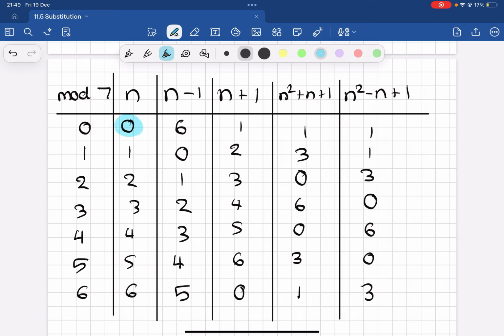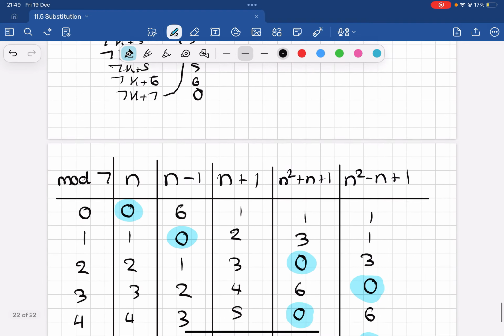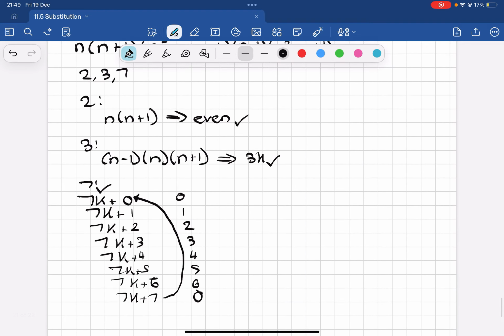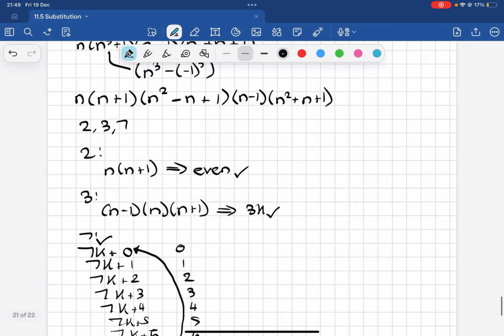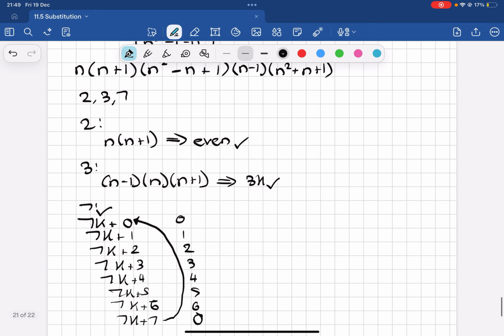So we've got a 0 for when n is 0, 0 for n is 1, 0 when n is 2, when n is 3, we've also got another 0, another 0, another 0, another 0. So we've shown for all values of n, mod 7 equals 0, which means we can tick that our expression is divisible by 7, meaning, well, since it's divisible by 2, 3 and 7, it's divisible by 42.